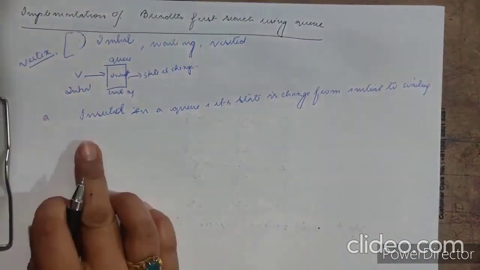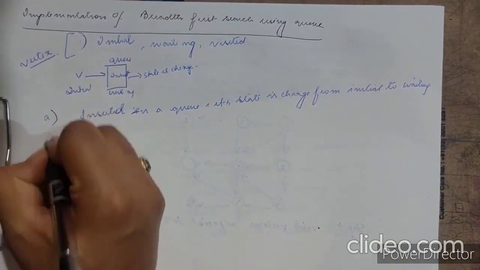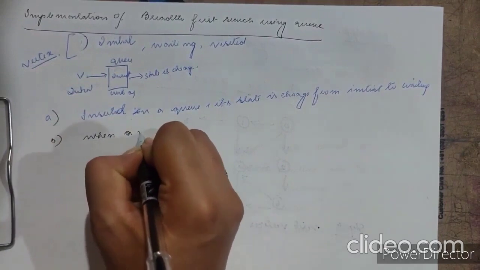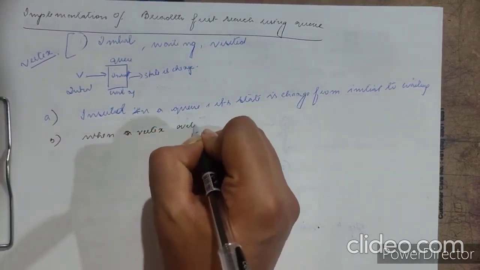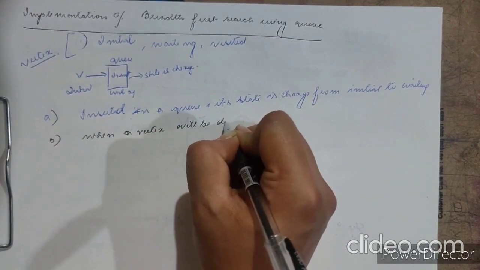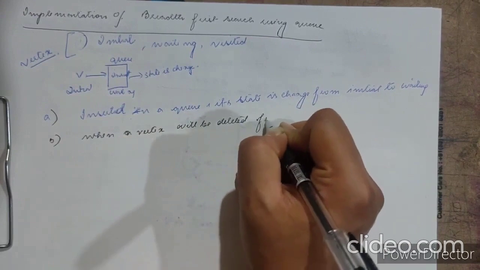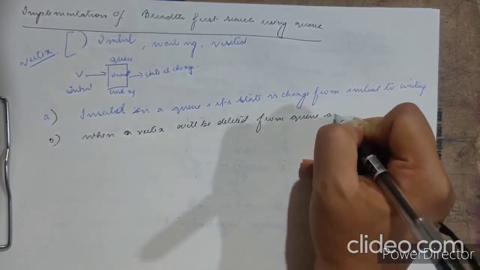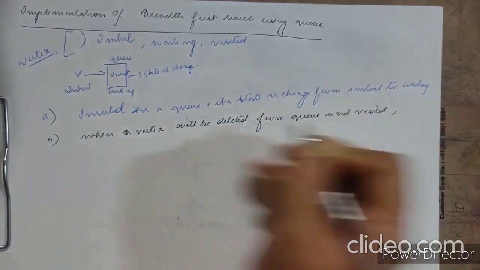Now, when a vertex is deleted from the queue and visited, what will happen?